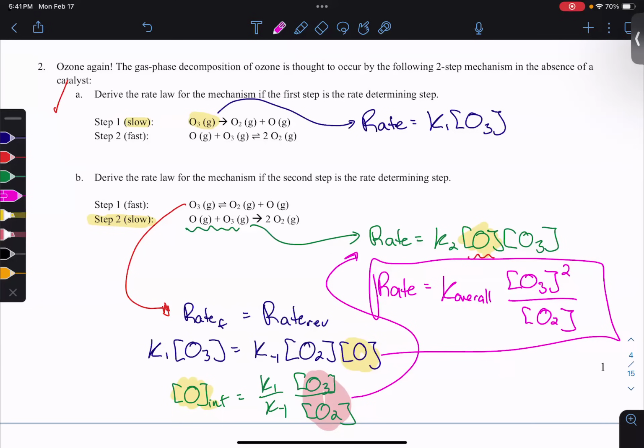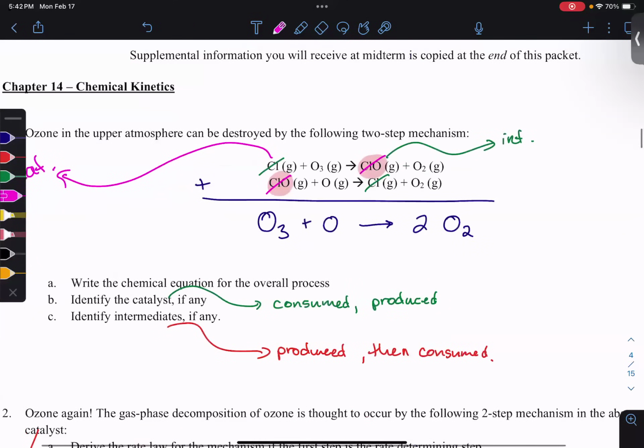The reason is that an intermediate you never add to the reaction. It is made in the reaction and then goes away by the end. But catalysts you actually do have to add to the reaction. So if a catalyst shows up in the rate law, that's absolutely okay. Just no intermediates. Question?